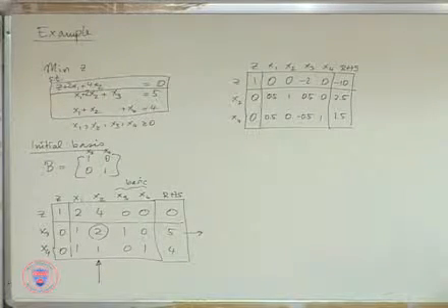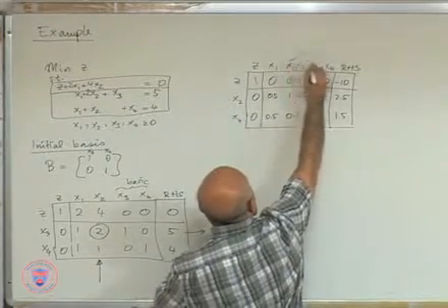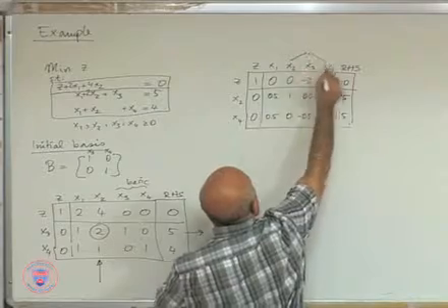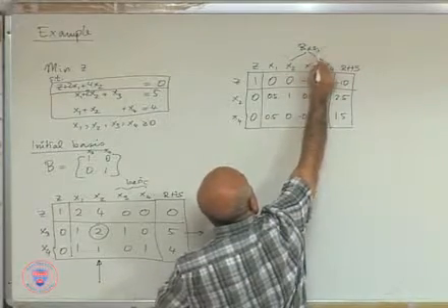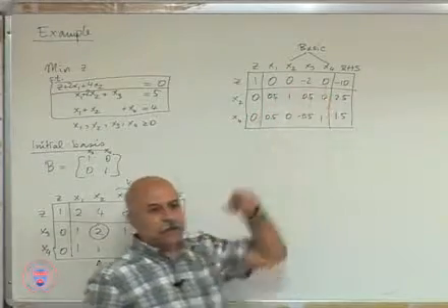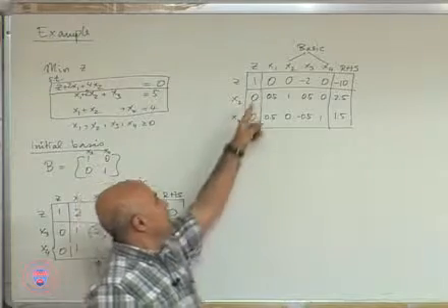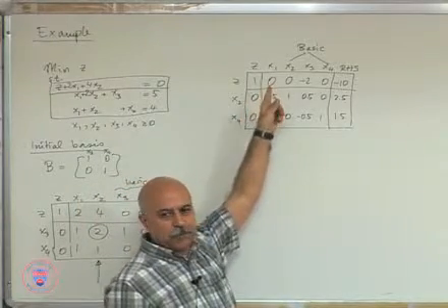All right. At this point, the basic variables are x2 and x4. So these are basic. And for that reason, of course, you have your 0 and 0 in row 0. But then you have another 0 here, which is a non-basic one.